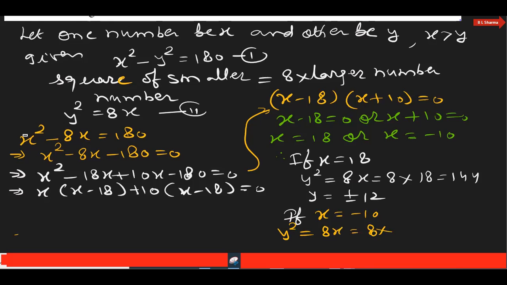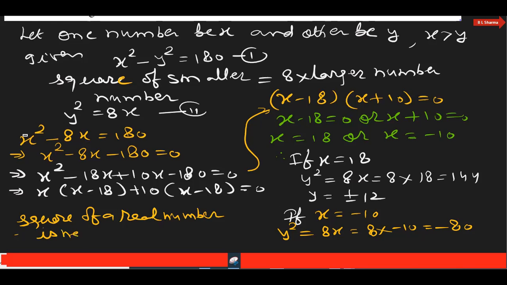That is 8 into minus 10, that is minus 80. स्टूडेंट्स हमेशा ध्यान रखिएगा कि स्क्वायर ऑफ ए रियल नंबर इज नेवर नेगेटिव. किसी भी रियल नंबर का स्क्वायर नेगेटिव नहीं होता, कभी भी नेगेटिव नहीं होता है. And here square of this y is negative. So this is rejected, not possible.